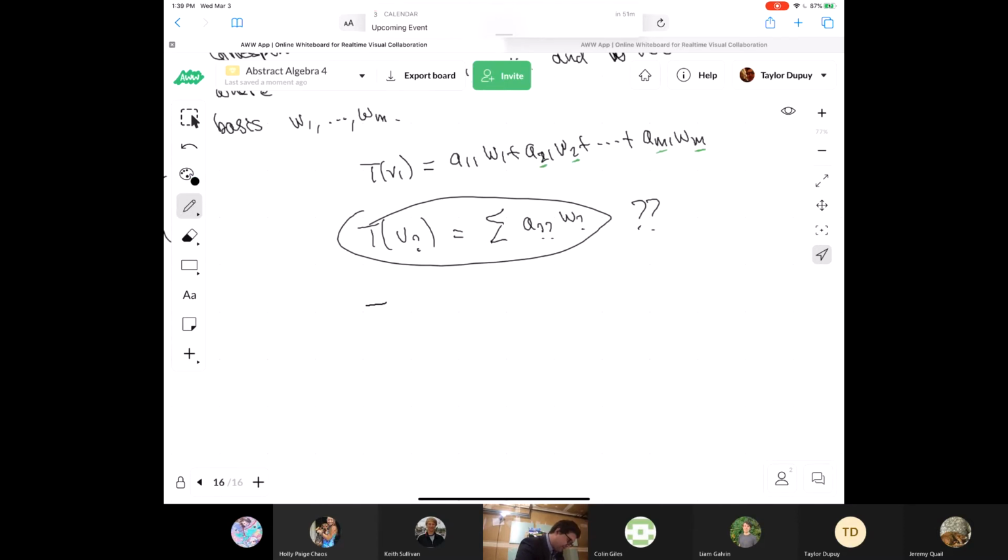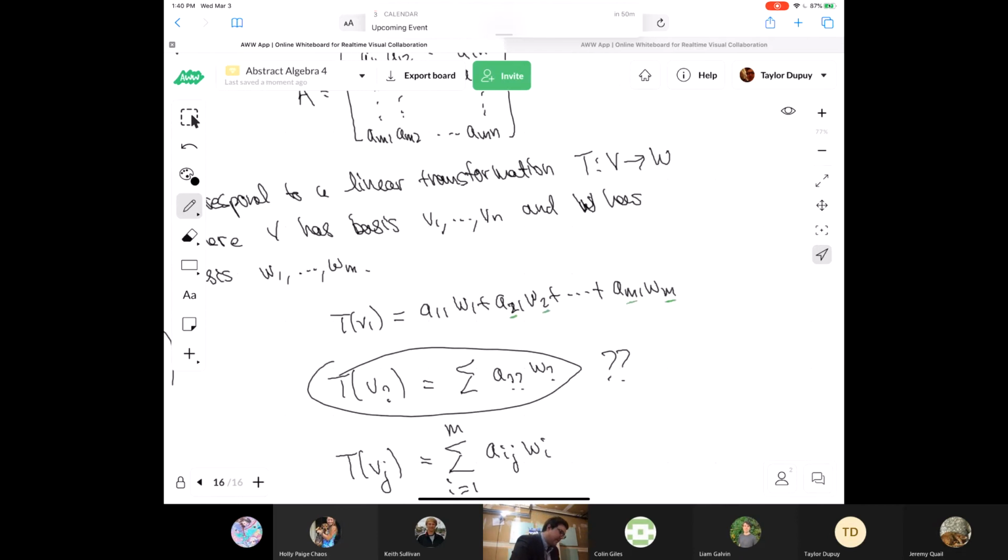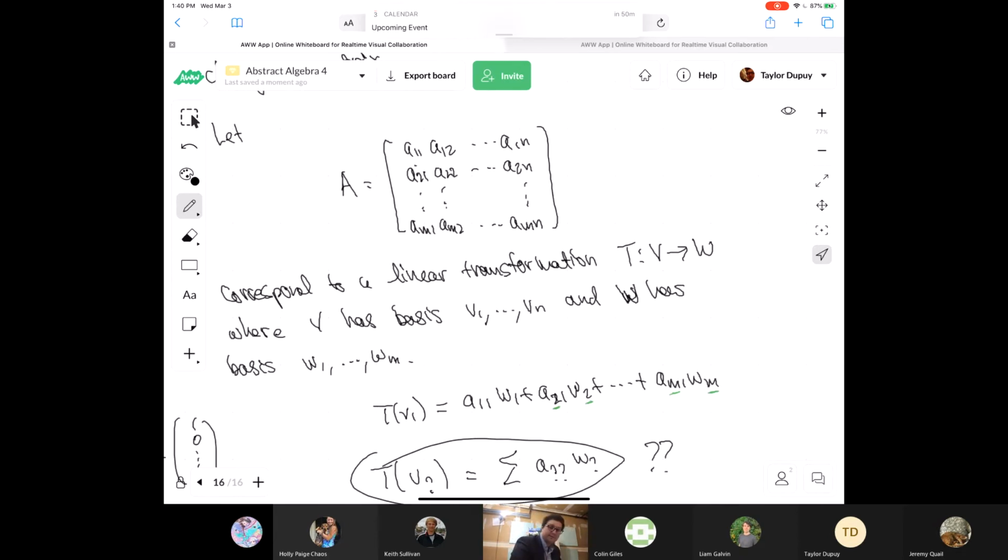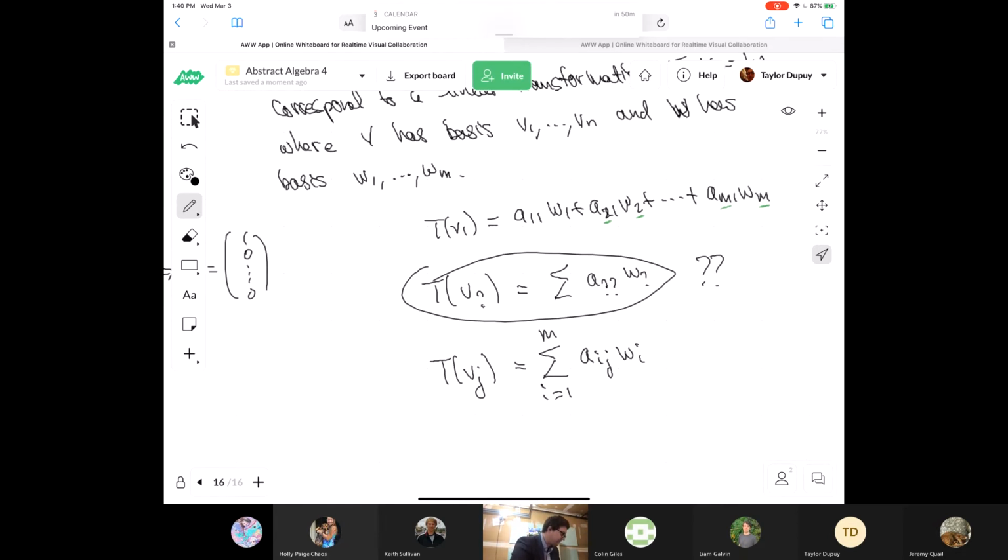So TVJ is the sum from I equals 1 up to M of AIJ WI. So the I, although it's the first component, goes with the second vector space when you're summing over the second vector space.